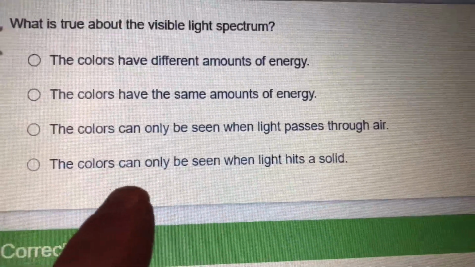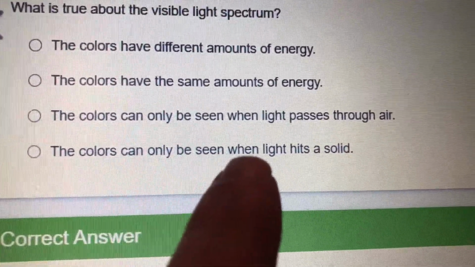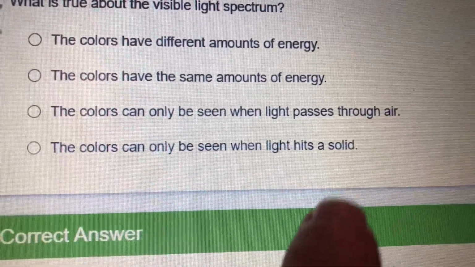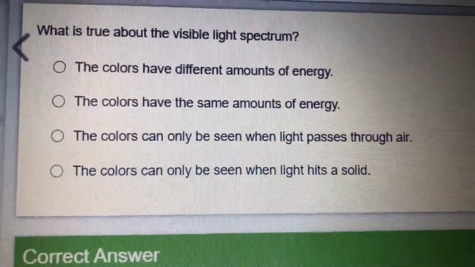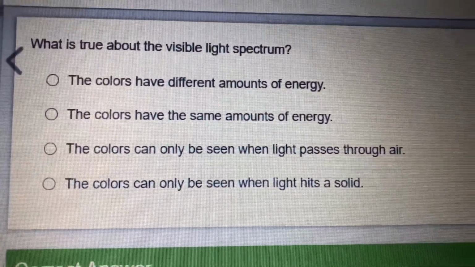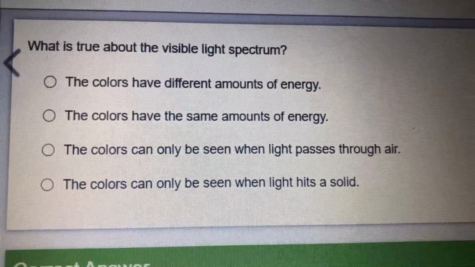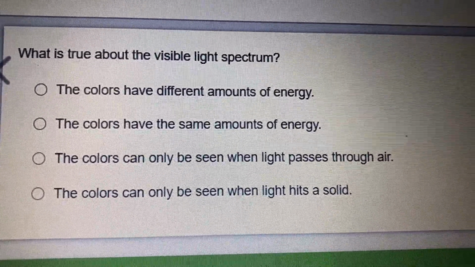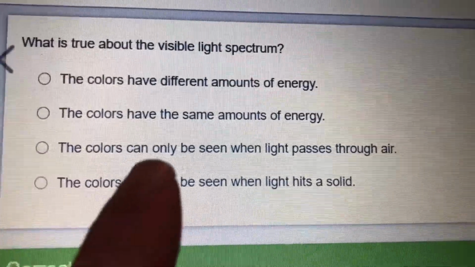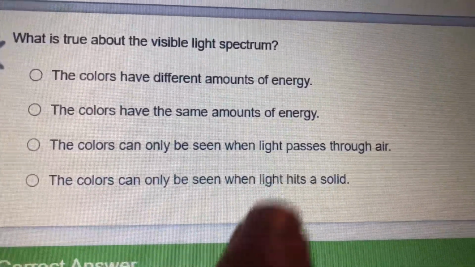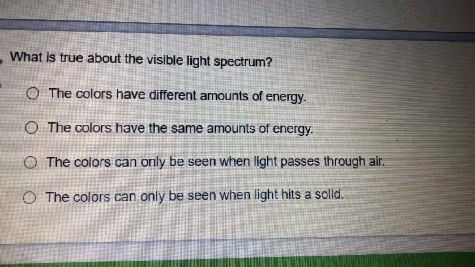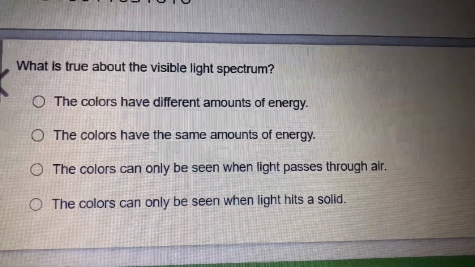The colors can only be seen when light hits a solid. When light hits a solid? No, we can see colors when light hits a liquid. The colors can only be seen when light passes through air? No, light can travel without air.